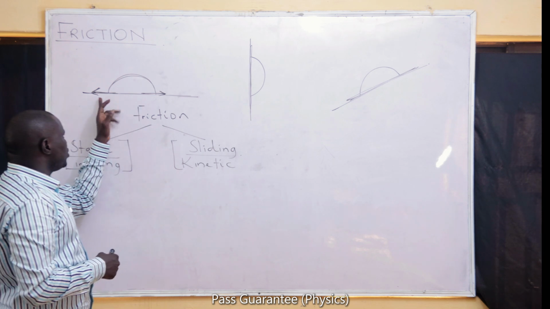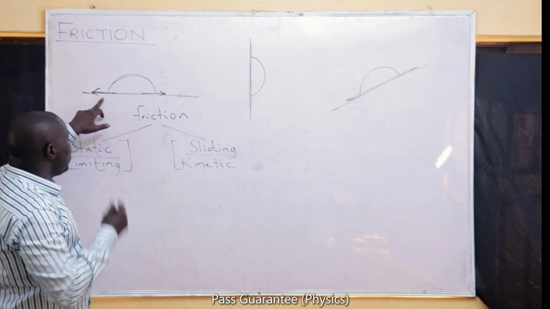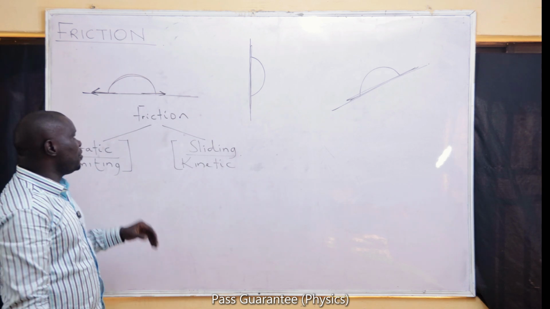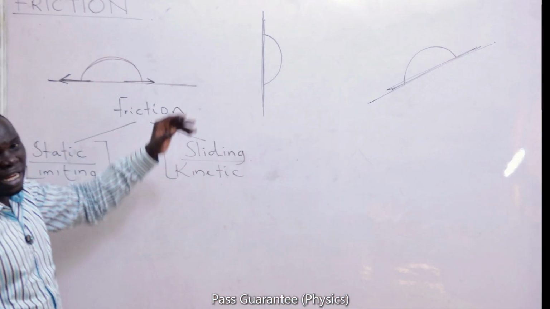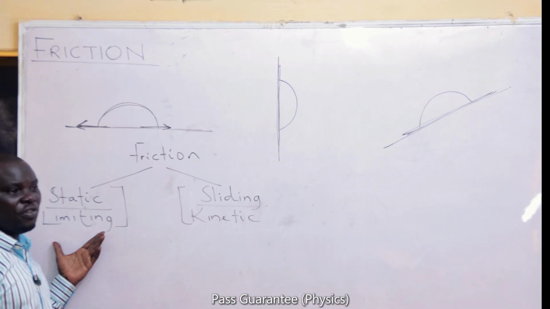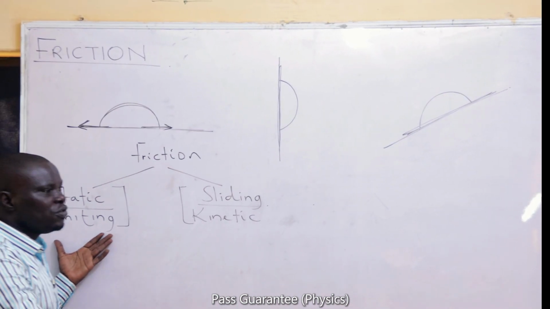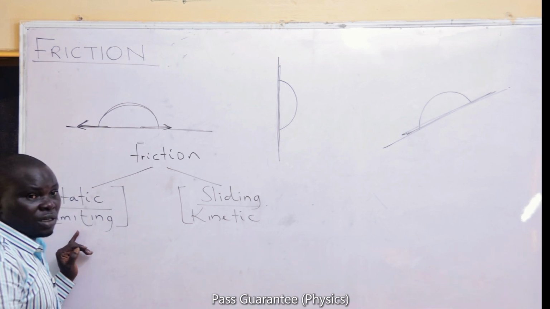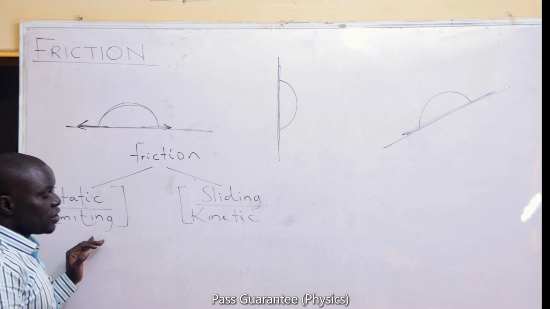The force that must be overcome before an object can move over another is what is called the static or the limiting friction. So before an object can even begin to move over another, you must overcome the static friction.